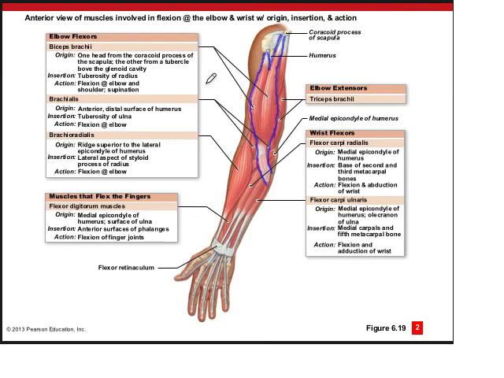Well, one head runs from the coracoid process of the scapula and the other from a tubercle in the glenoid cavity, which is also on the scapula. So that's what we call the long head, and that's the short head. They insert on the tuberosity of the radius, which is going to be, again, on the thumb side of the forearm.